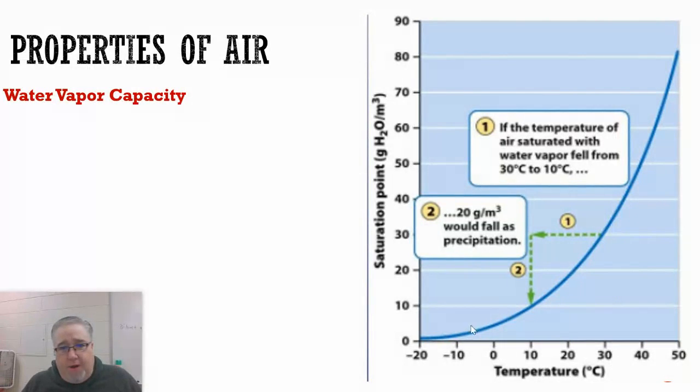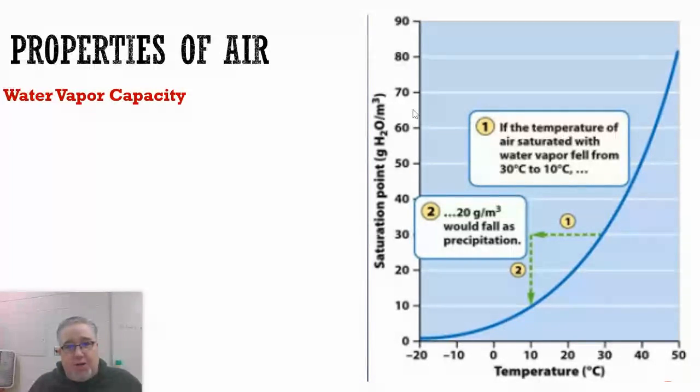Now, over here on the y-axis, we have saturation point. On the x-axis, we have temperature in Celsius. But I want us to look at the unit here for saturation point. See where it says grams of water per meter cubed? Meters cubed is a unit of volume.